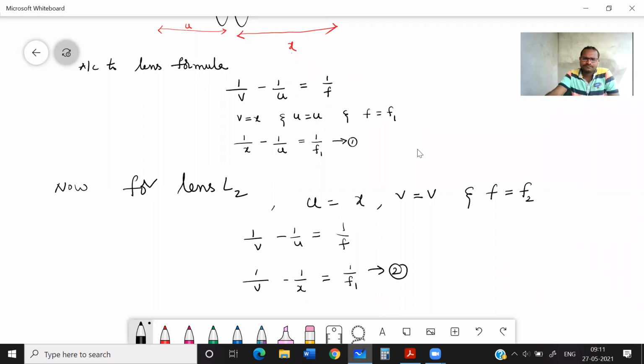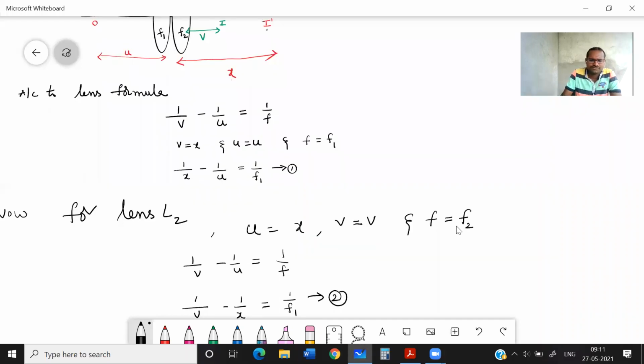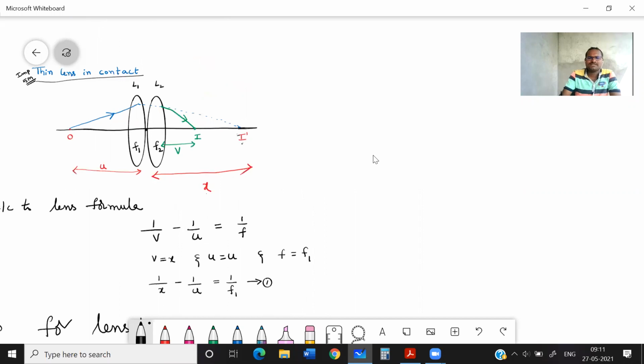Now imagine if we replace these two lenses with one equivalent lens like this, then this equivalent lens will have a focal length f.